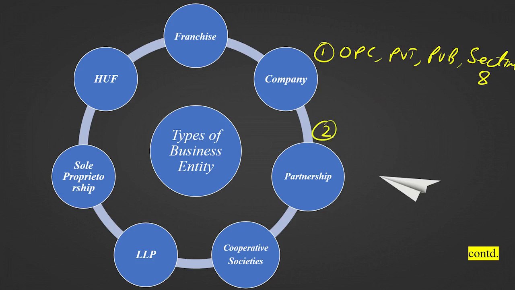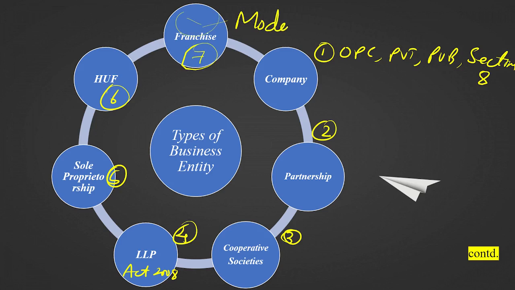Then we have partnership firm under the Indian Partnership Act 1932, cooperative societies, that is a business, limited liability partnership under the LLP Act of 2008, sole proprietorship concern, the most common type of business, very common, Hindu undivided family for Hindus, and franchises. Franchisee can be any form of business, but it is a model. So it is a model, it is not a form of business. So these are the types of entities which you can run.